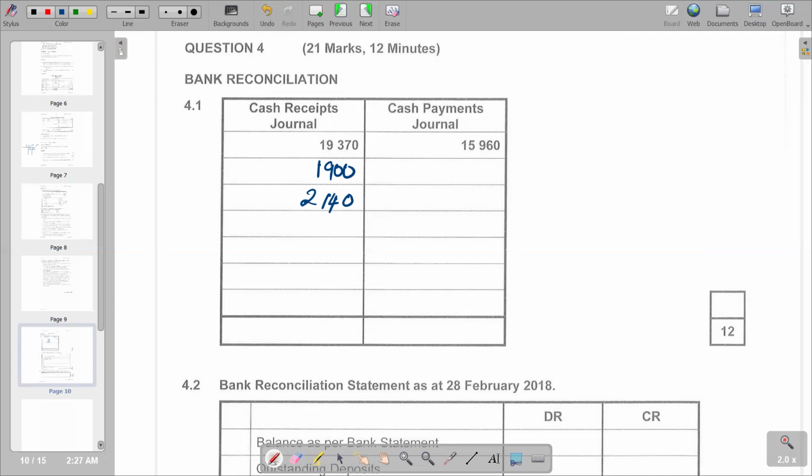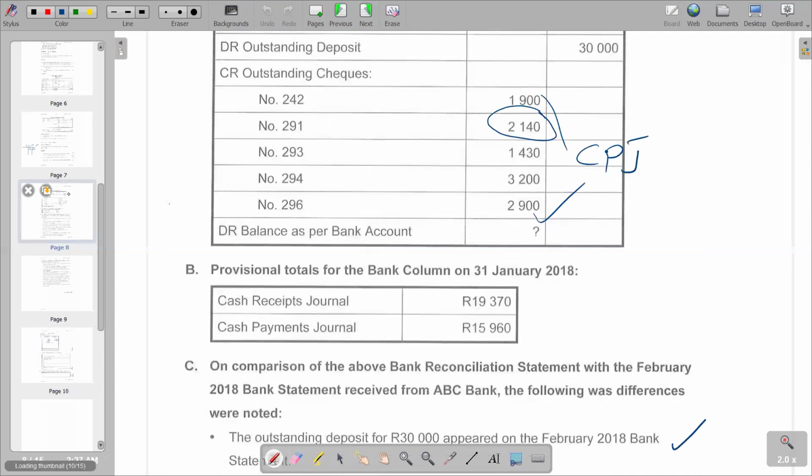Then after we've removed it, we now enter the correct amount under the cash payment journal with the correct description of the invoice number. So we now enter again 2,140 on the credit side. So basically that's how we are going to adjust it. Then we go to the next one.